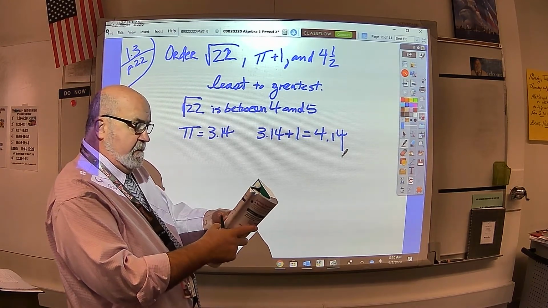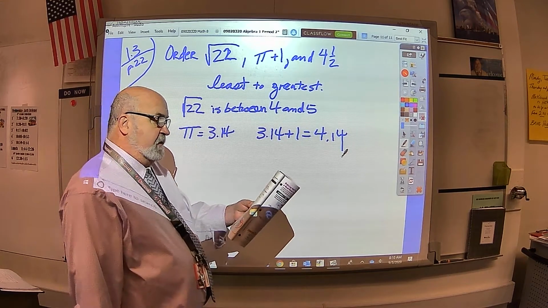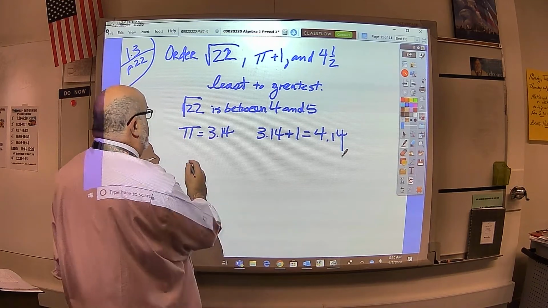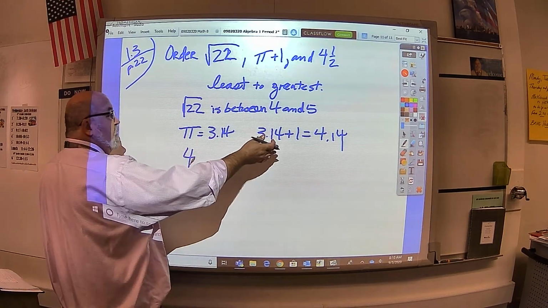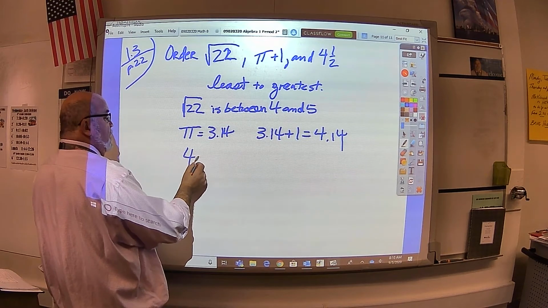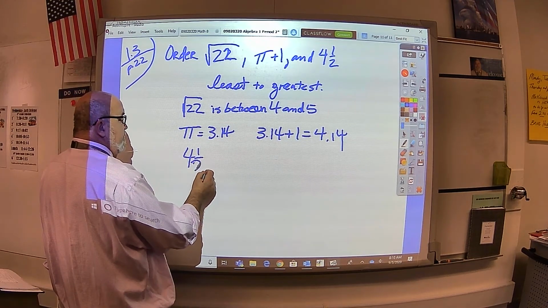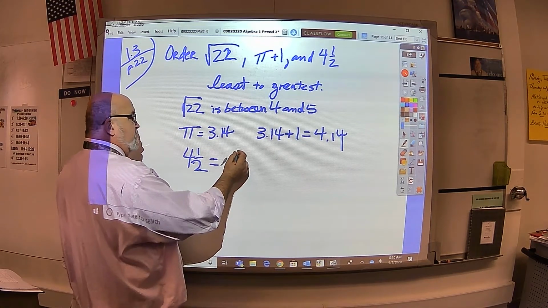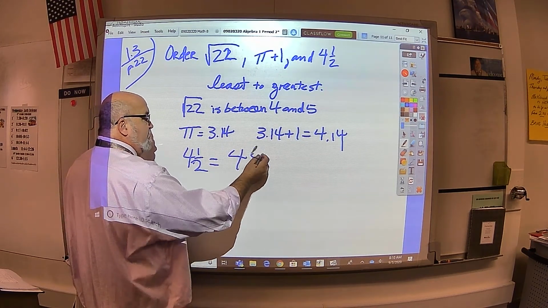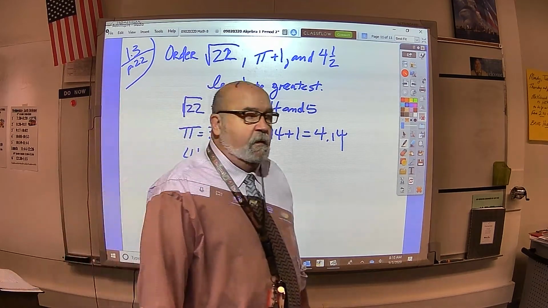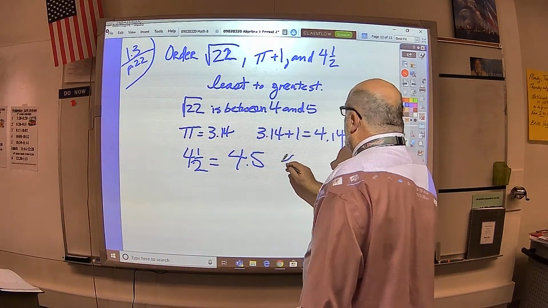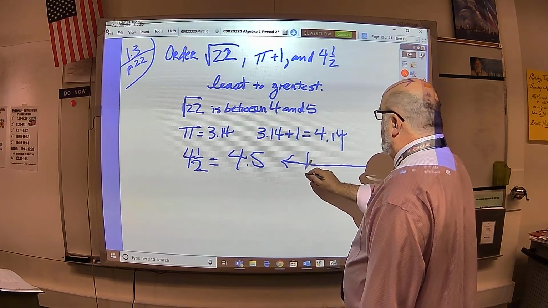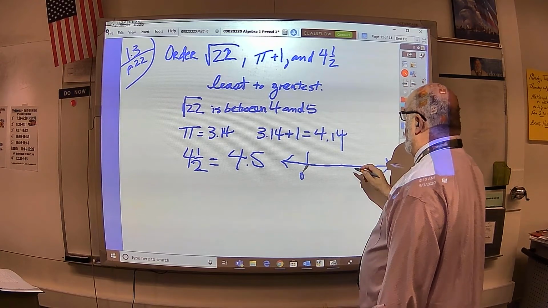Then we're going to see what happens for 4 1/2. Since we're thinking in decimals, 4 1/2, from my smart 7th graders and 6th graders who have worked with this, is exactly 4.5. So when we look at this on a number line, we have two values that are accurate.